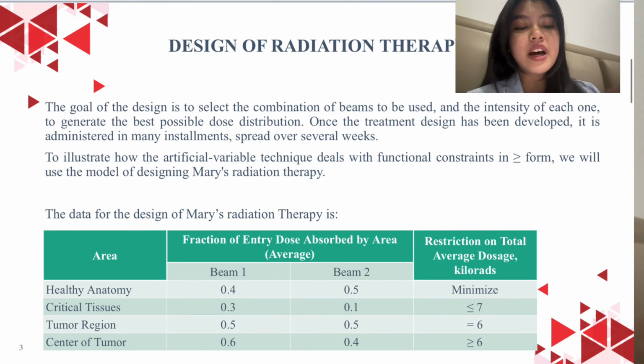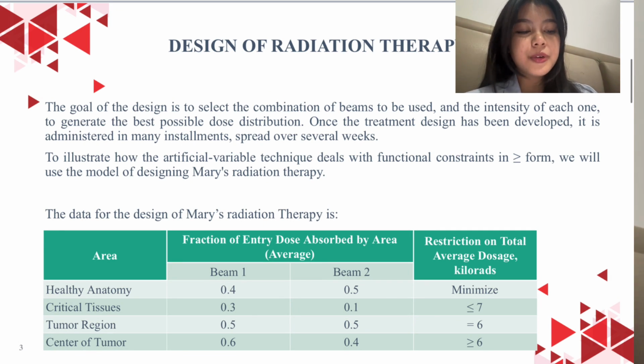And we have the average fraction of entry dose absorbed by area. Beam 1 has 0.4, 0.3, 0.5, and 0.6. And for beam 2, we have 0.5, 0.1, 0.5, and 0.4.